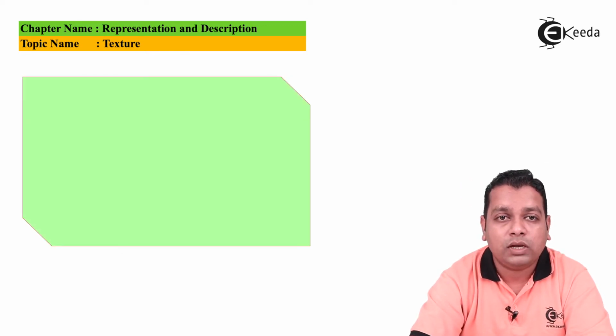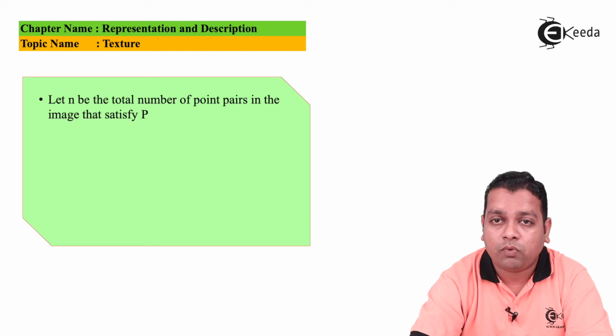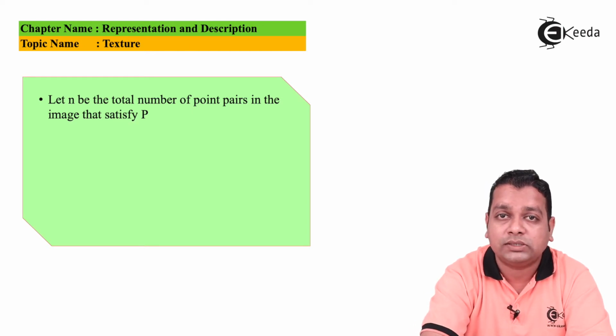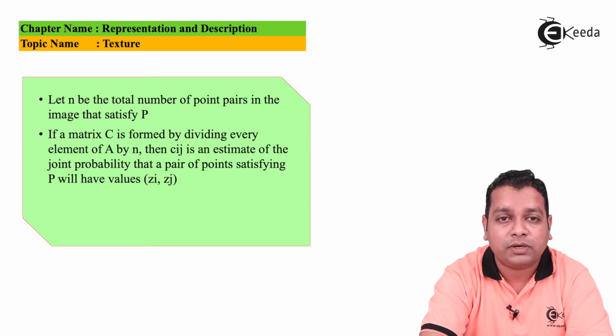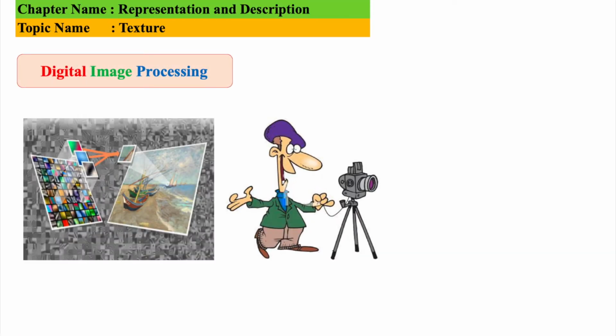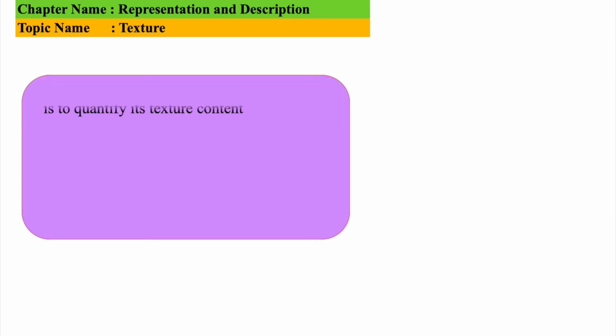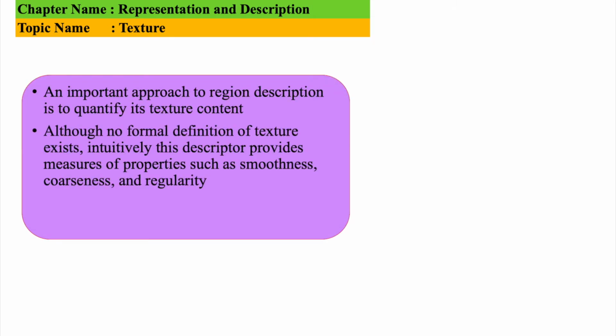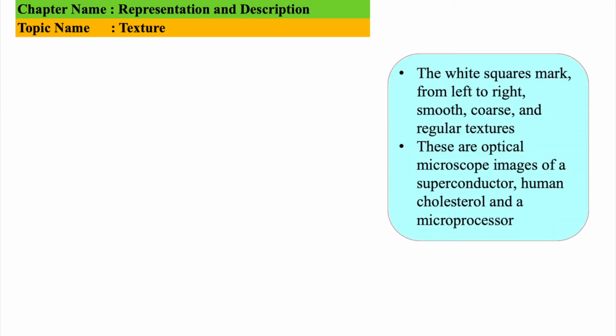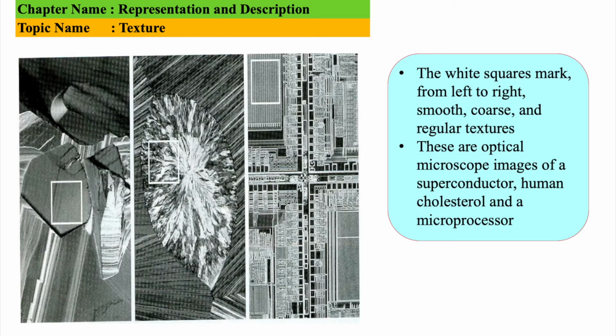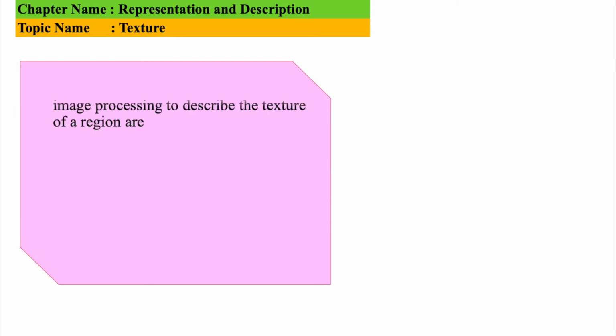So let small n be the total number of point pairs in the image that satisfy capital P. If the matrix capital C is formed by dividing every element of capital A by small n, then C suffix ij is an estimate of the joint probability that a pair of points satisfying capital P will have the values z suffix i and z suffix j, separated by a comma within the parenthesis.